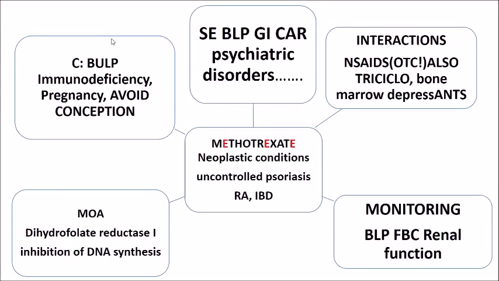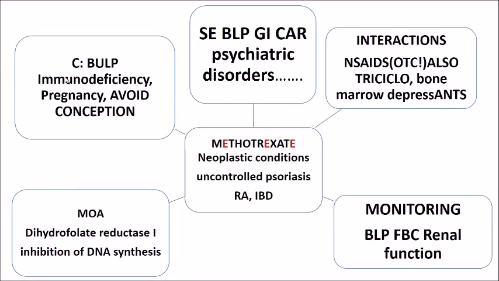pericarditis. Basically, any condition which causes severe infection, for example, blood infection or liver problem, someone who has severe liver disease or a pulmonary disease, so you need to avoid methotrexate. You also need to avoid it in ulcerative colitis, because of the risk of bleeding, and also immunodeficiency.